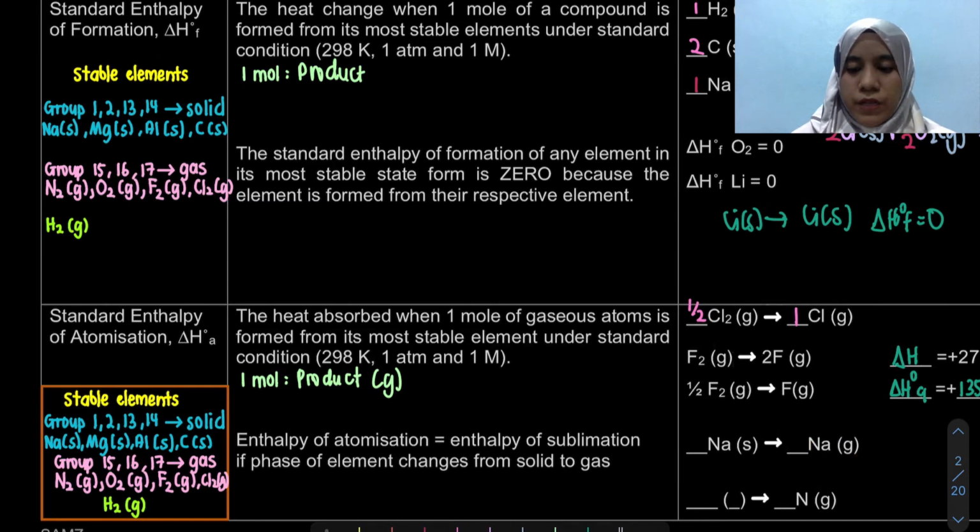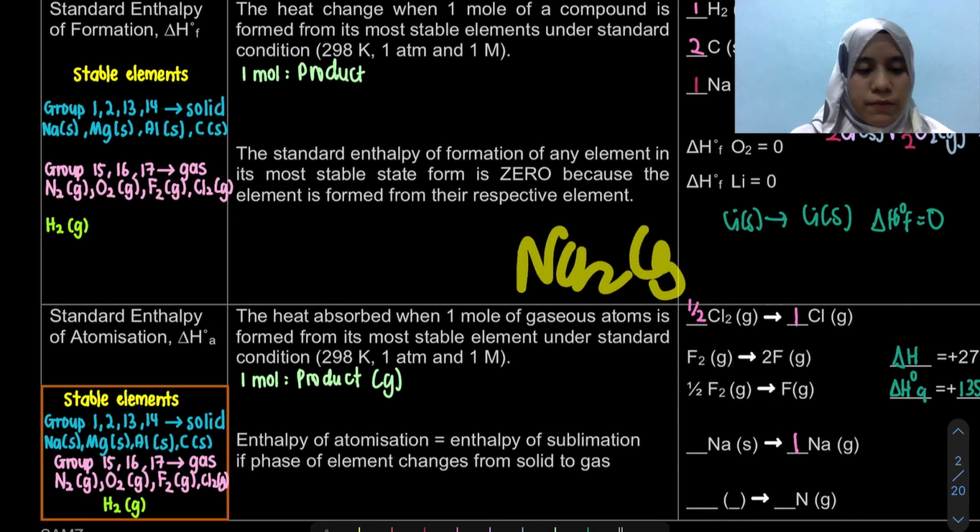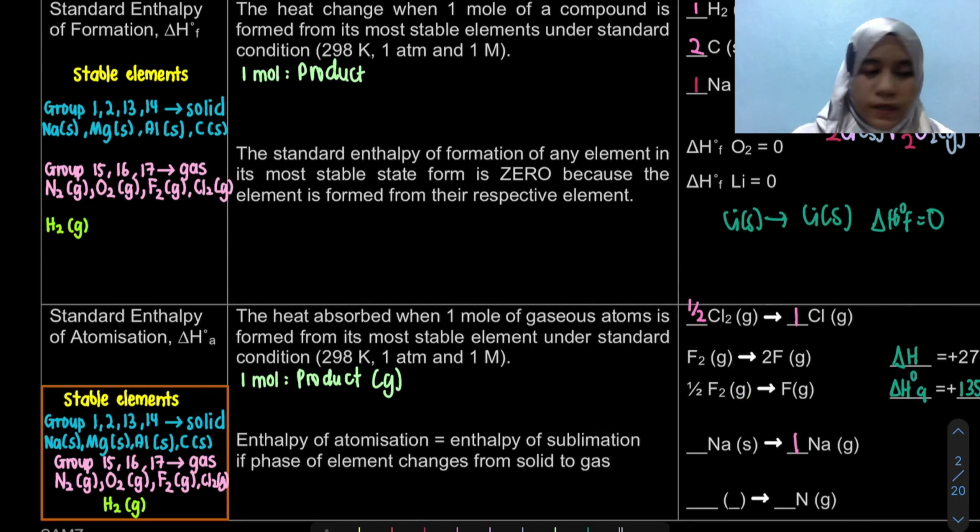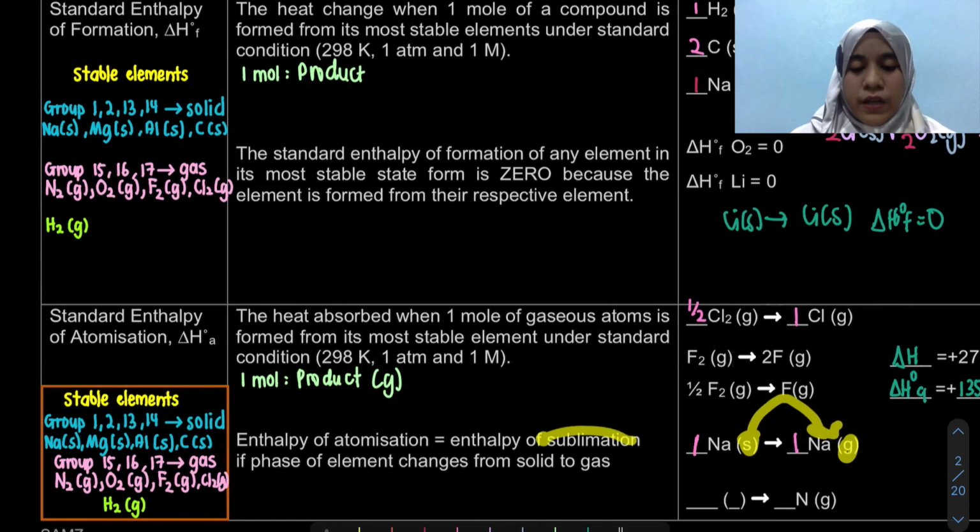Tapi originally, the most stable state dia bukannya Na2 gas, it's not. Kalau sodium, group 1, dia memang from our Na, tapi dia solid. So, what is the changes is actually the state itself. So, yang ini, from solid to gas, is what we call sublimation. So, that's why sometimes it is called enthalpy of sublimation.